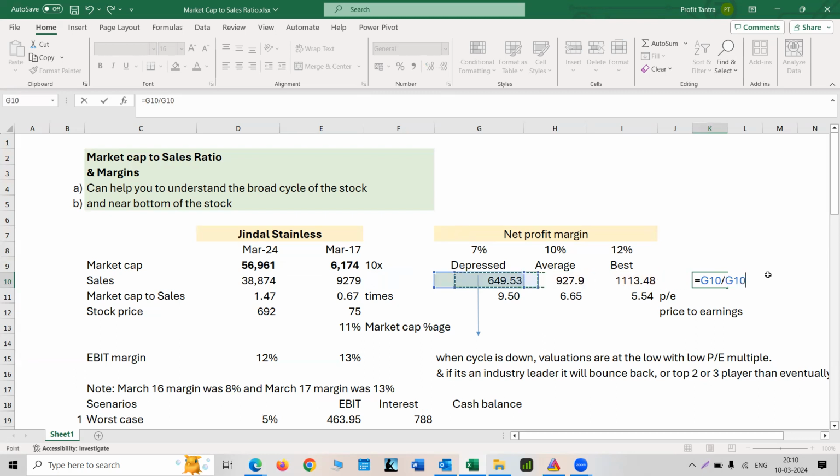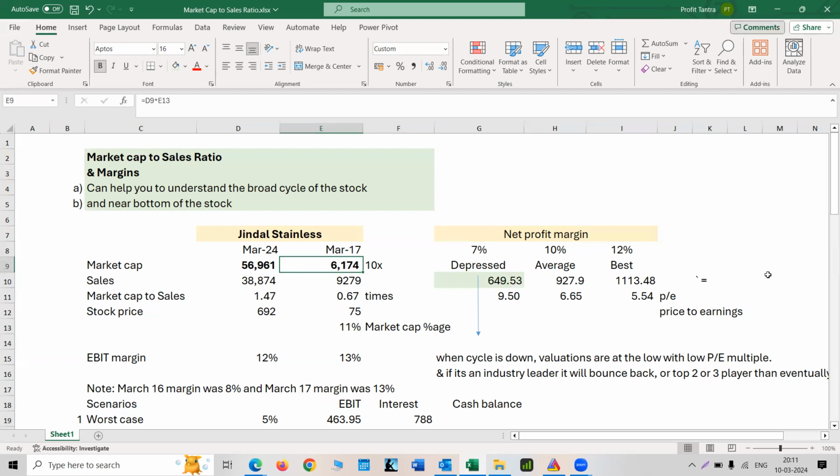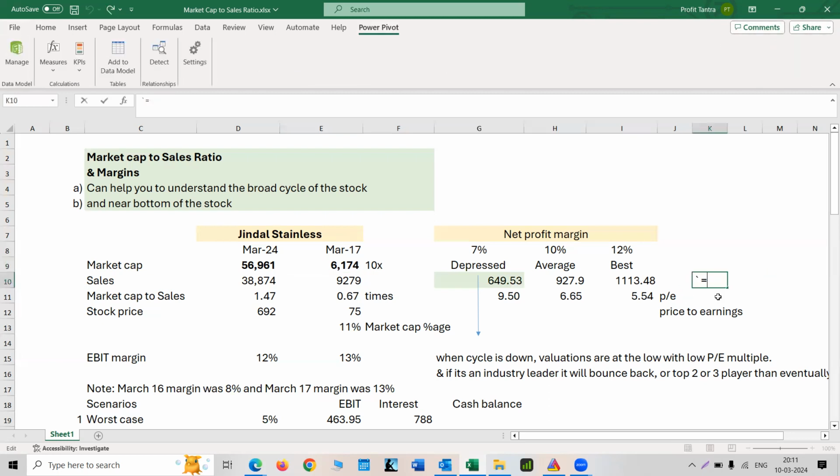If I divide market cap by EBIT, how many times is it trading? 9.5 times. This is what I have mentioned here.